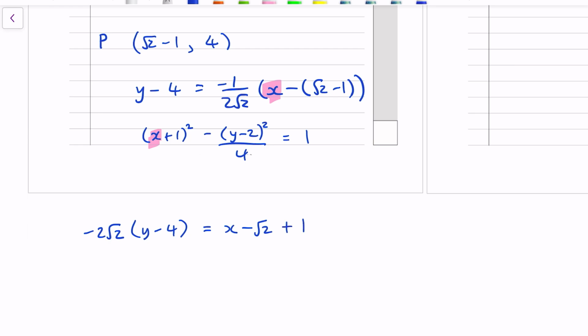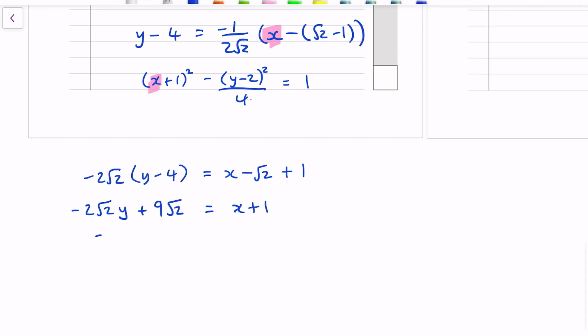We actually want to replace x plus 1, so that minus root 2 can go to the other side. Minus 2 root 2 y plus 8 root 2 plus another root 2 is 9 root 2, and all of that equals x plus 1. I'm going to factor out the root 2 before I continue. I've got root 2 times (9 minus 2y) is equal to x plus 1.